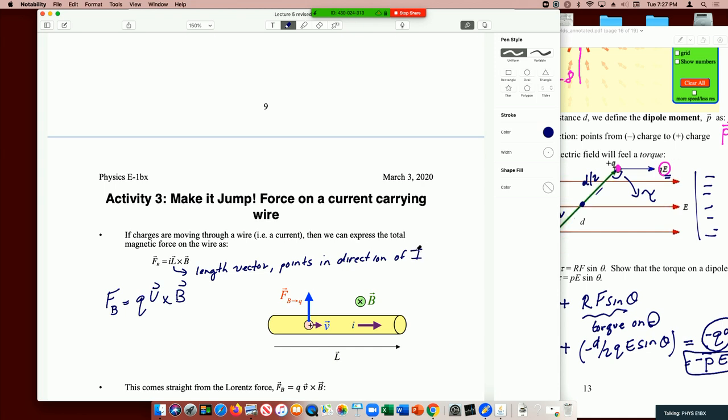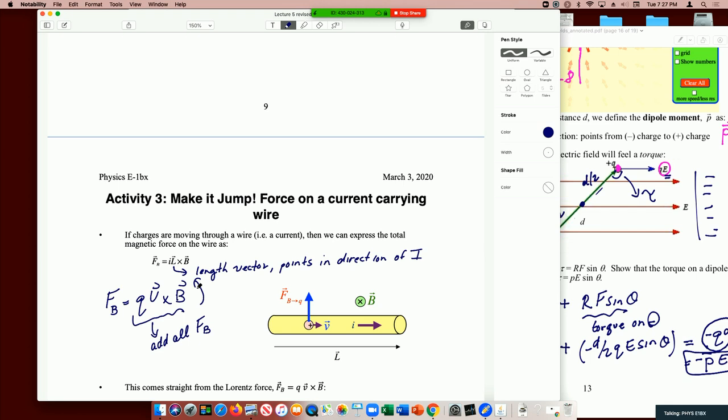If I add up all the force acting on all of the charged particles in a current, then I would get this. Does that make sense?